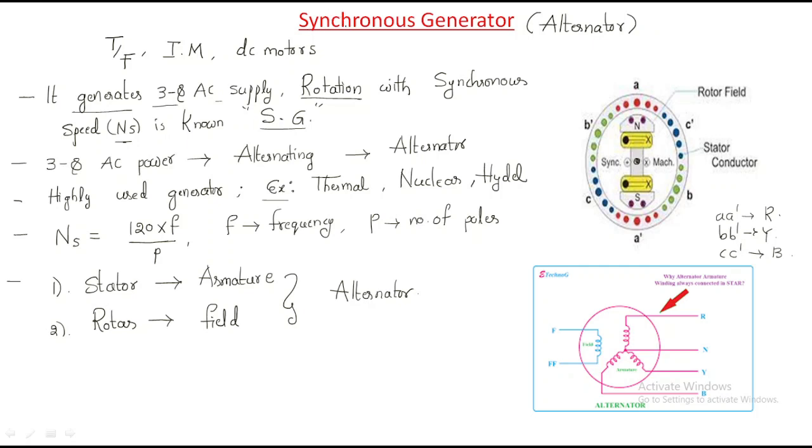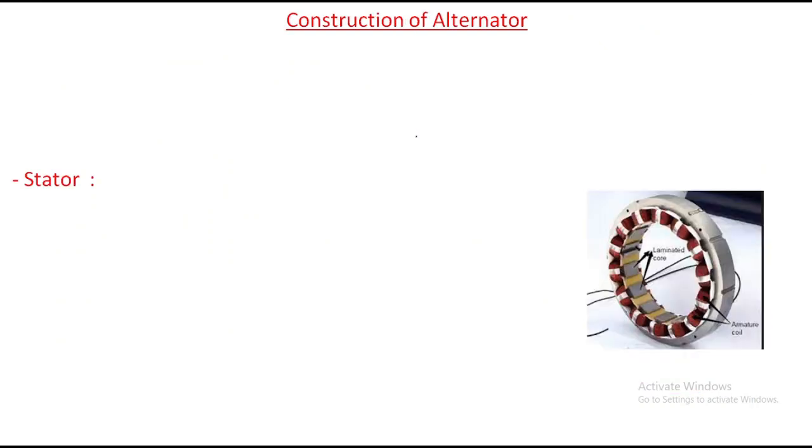A machine whose rotor always rotates with synchronous speed is known as the synchronous generator. Next, we will discuss the construction of the alternator. Any machine has two parts, the stator and the rotor. We already discussed that the stator is armature. Stator is the field and the rotor is the armature?